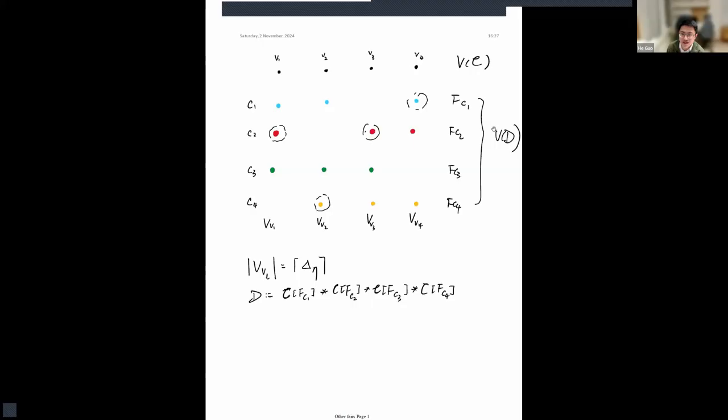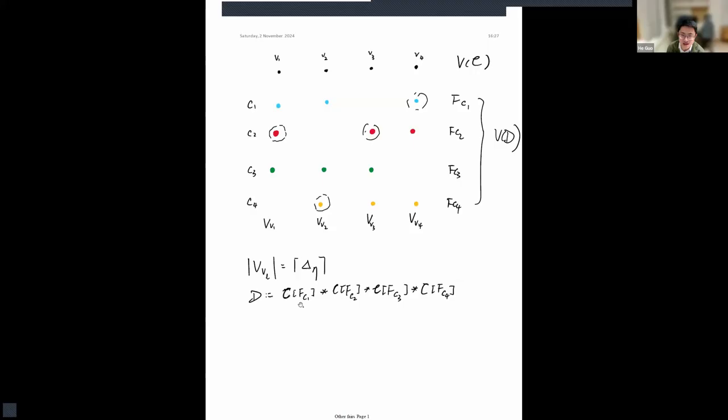How do we make D? So first of all, the layer of C1, that is all the vertices such that C1 is in their color list. We make the complex C induced on these copies.